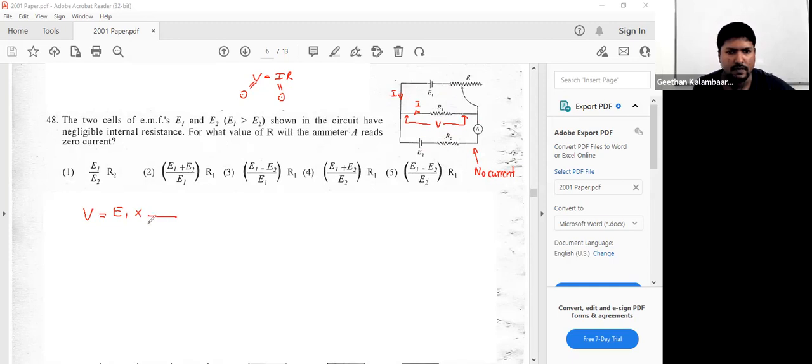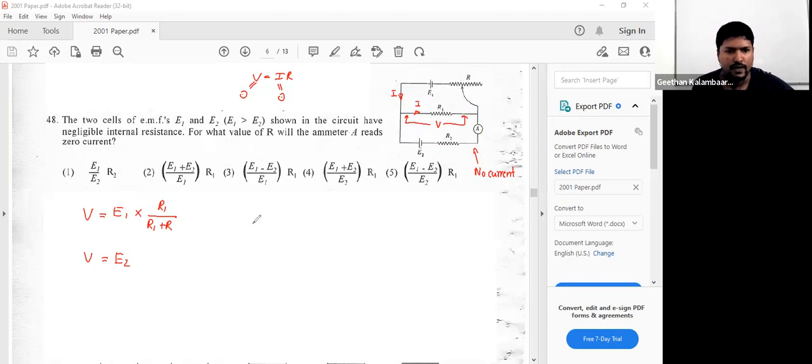It's getting divided by R1 and R, so we are finding the portion of R1. And this is going to be equal to E2. Why? Because the potential here is equal to the potential here, which is also equal to the potential here. The potential difference between these 2 points is equal to the potential difference between these 2 points. So you can simply explain it like that.